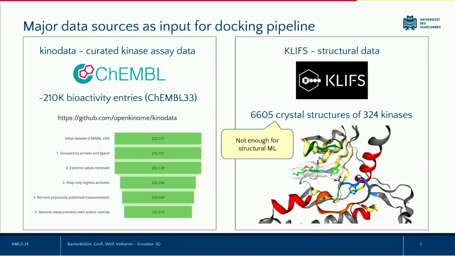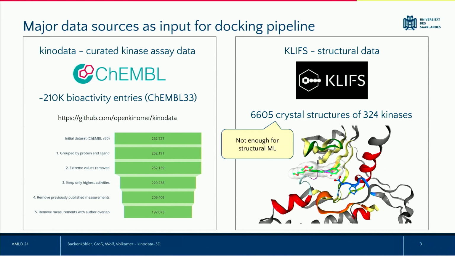But we have no idea what the structure is, how they actually bind to the given kinase. For this, we have the PDB, and the subset that is concerned with kinases is collected in the KLIFS database, which has around 6,000 crystal structures, so structures that include a ligand and a kinase that was empirically measured.